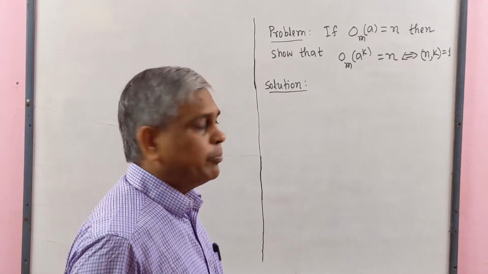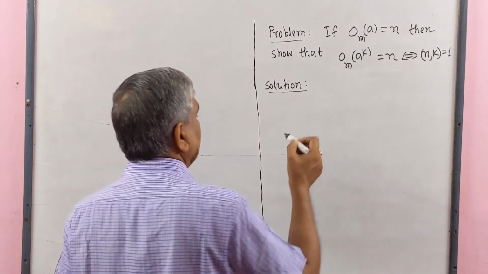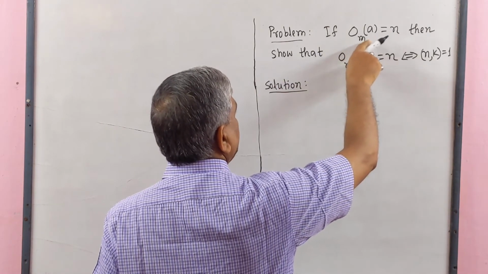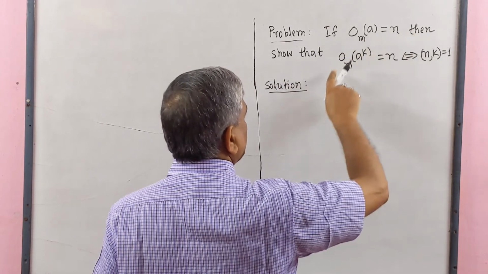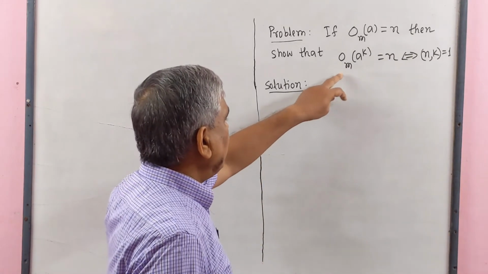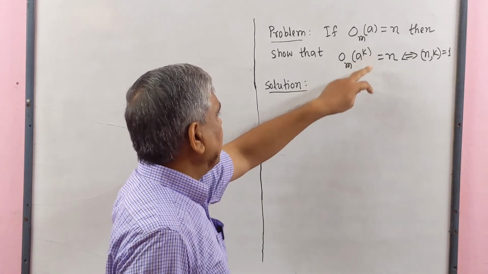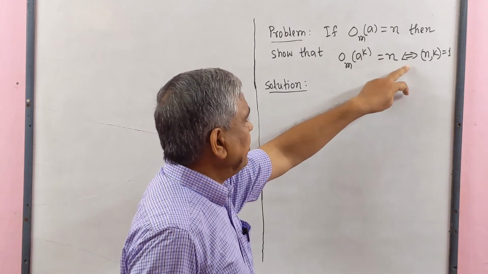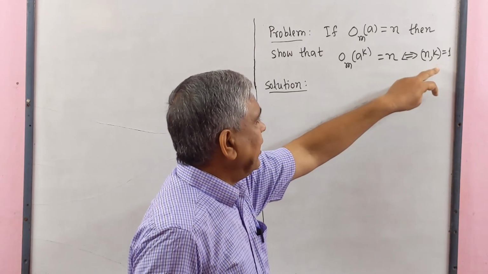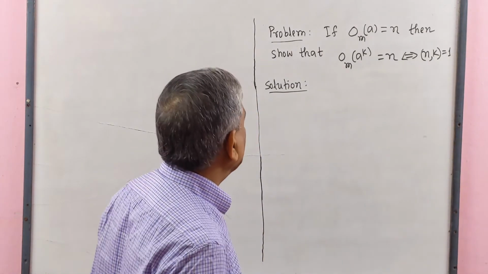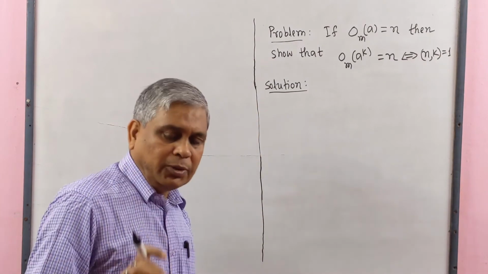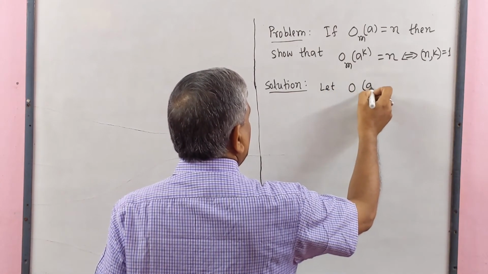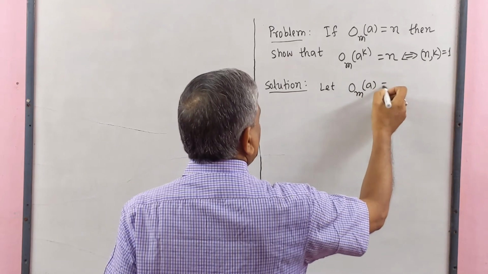Now we solve a problem. Problem is, if order of a modulo m equal to n, then order of a to the power k modulo m equal to n, double implication, GCD of n and k equal to 1. Now we solve this. Let order of a modulo m equal to n.